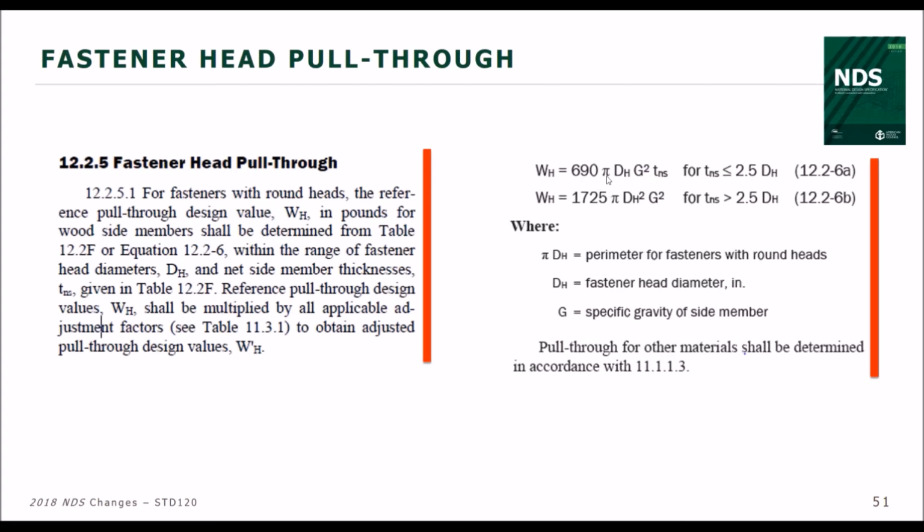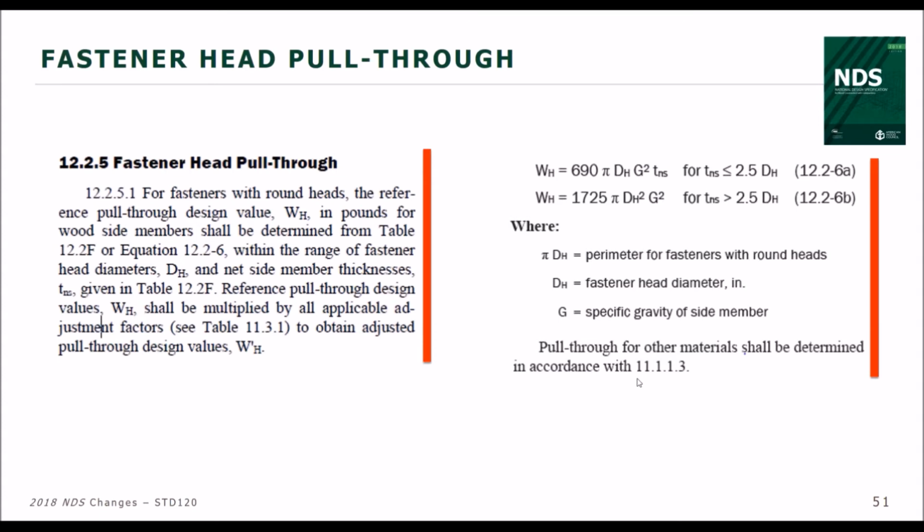The equation is 690 G squared d sub h, where d sub h is the fastener head diameter, G is the specific gravity, and T sub NS is the net side member thickness. So those are the properties you need to determine head pull-through of the fastener.